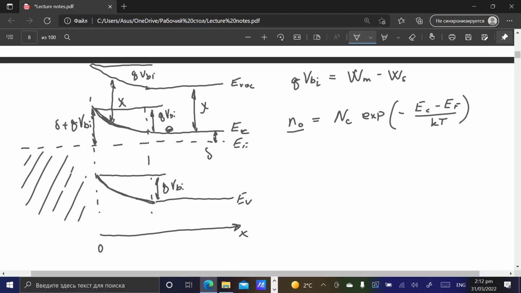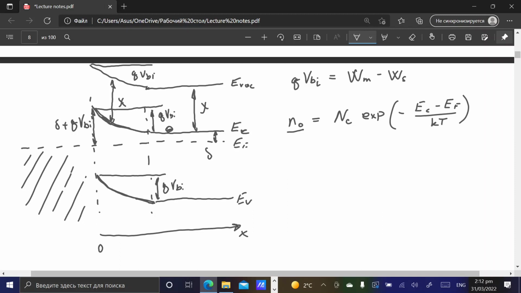Because of the electric field. Here you should not think about electric field, but even with electric field, we mentioned at the beginning that the origin of this electric field is the fact that electrons from semiconductor went to metal, and what is left? Positively charged donor atoms fixed in the crystalline lattice. That means in the area next to the interface we should have fewer mobile electrons because part of them has moved to the metal.